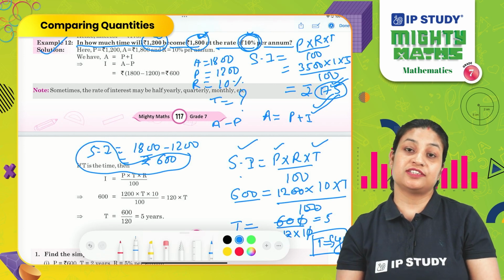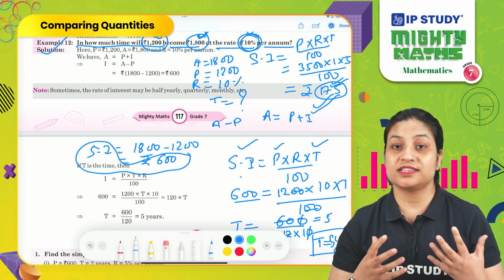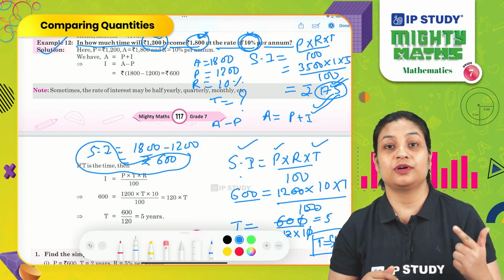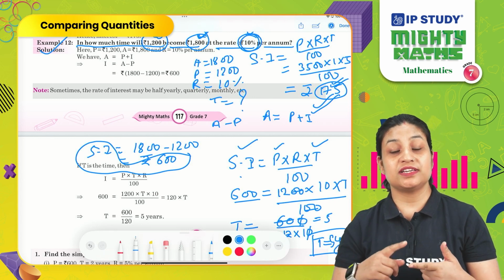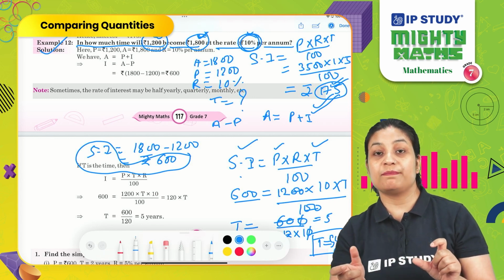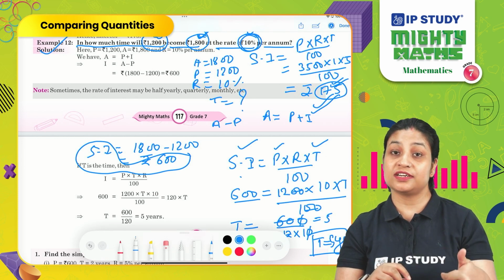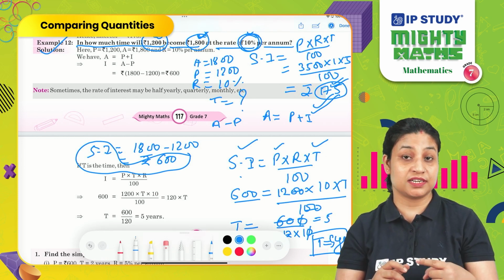So in this lecture, students, first of all we discussed the meaning of percentage, and then we saw how to convert percentage into fraction and fractions into percentage. Next, we discussed the conversion of percentage and decimal numbers. Thereafter, we discussed percentage increase and percentage decrease.